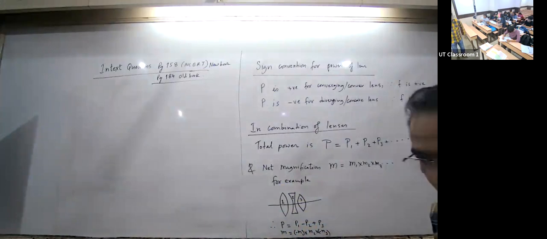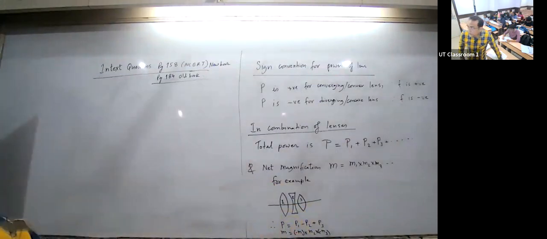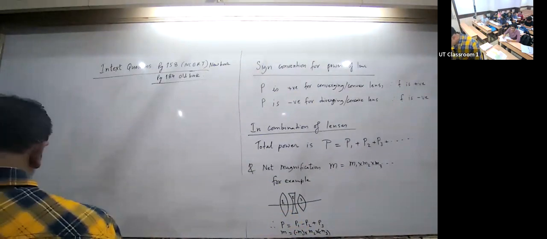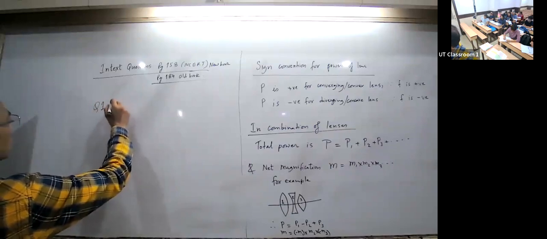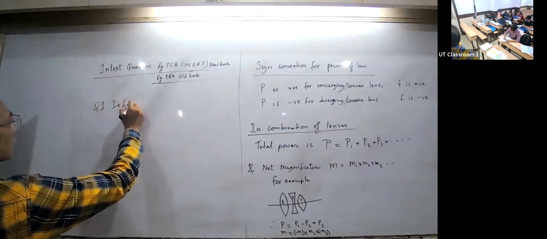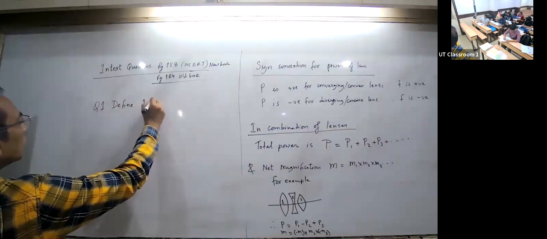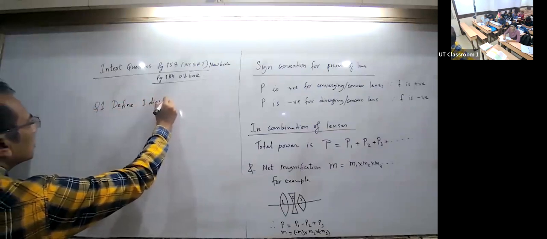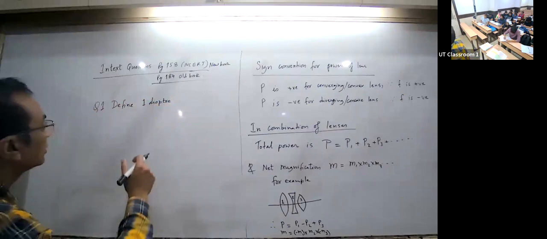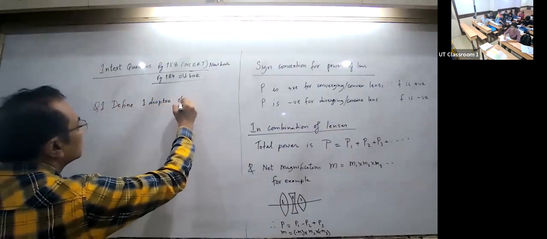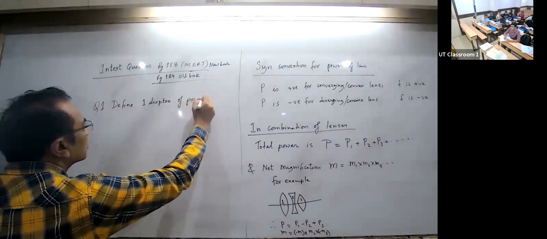So the first question is, define one diopter of power of lens. These questions might be solved in the volume as well, so you can locate that.